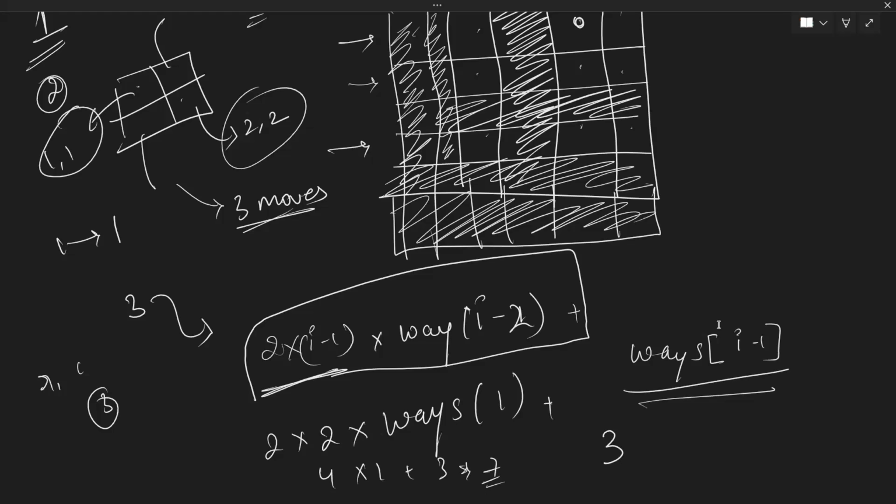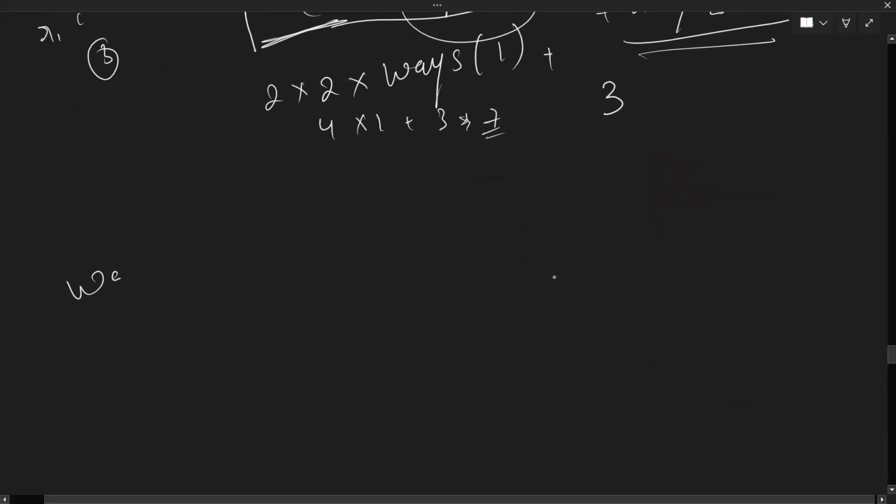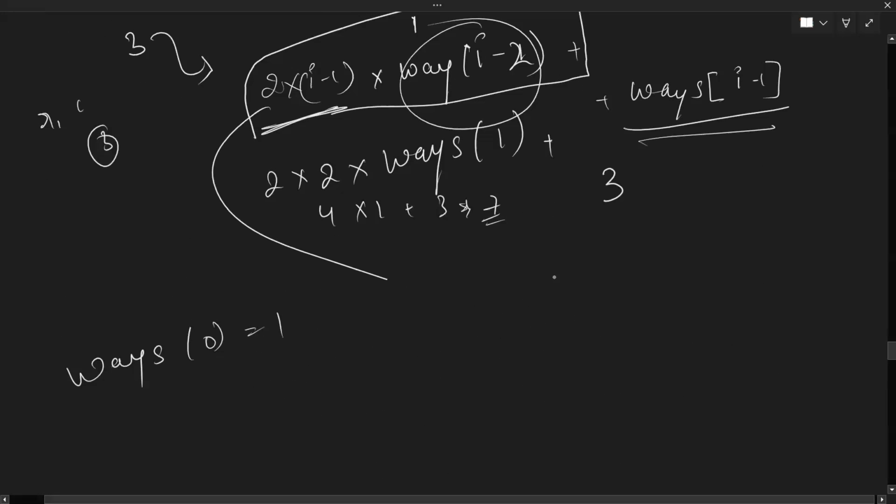We can check this for 2 also, though I minus 2 is 0 in that case. If we assume ways of 0, the number of ways with 0 rows, to be 1, then we can get the answer for 2 also from this.